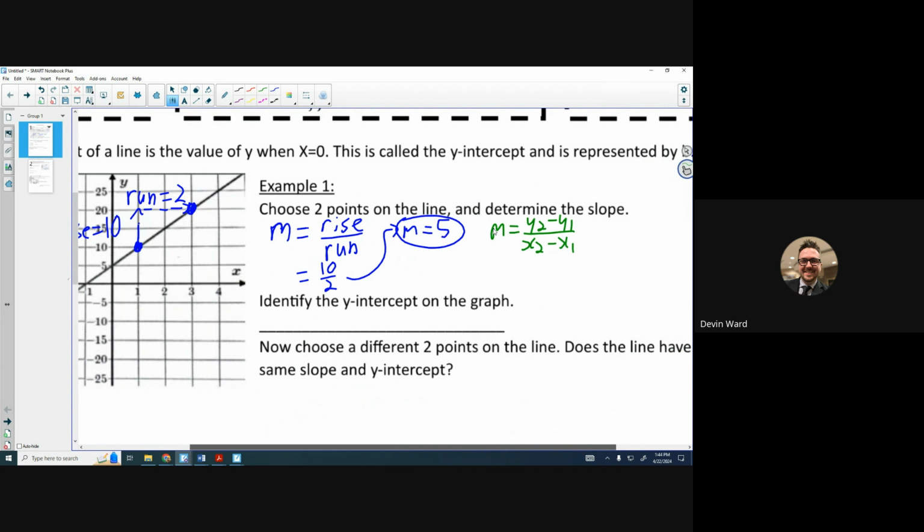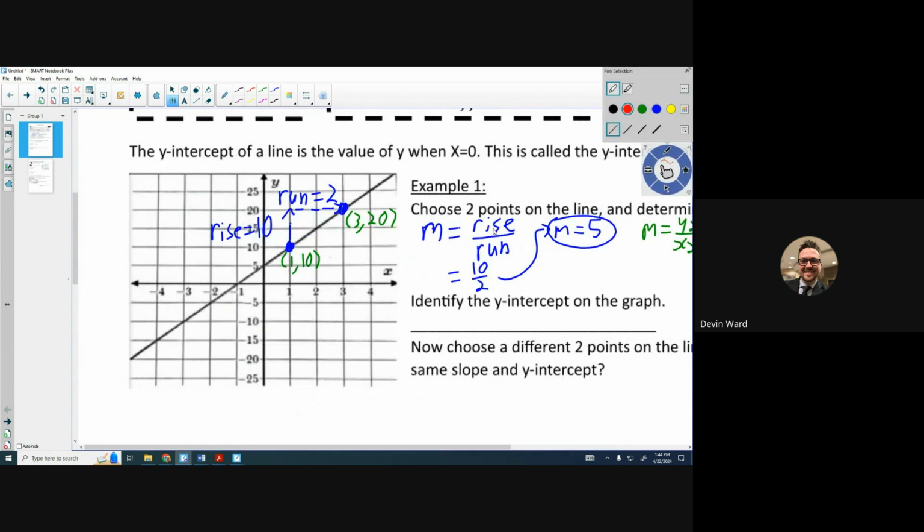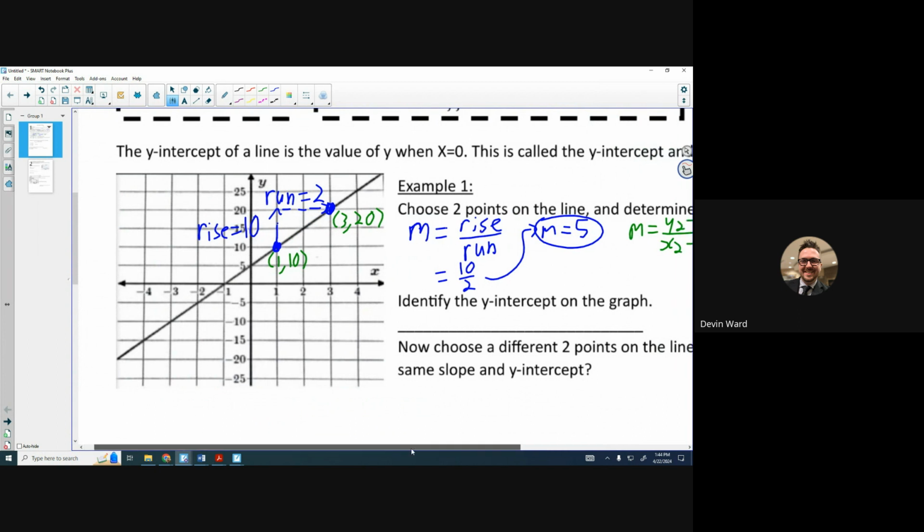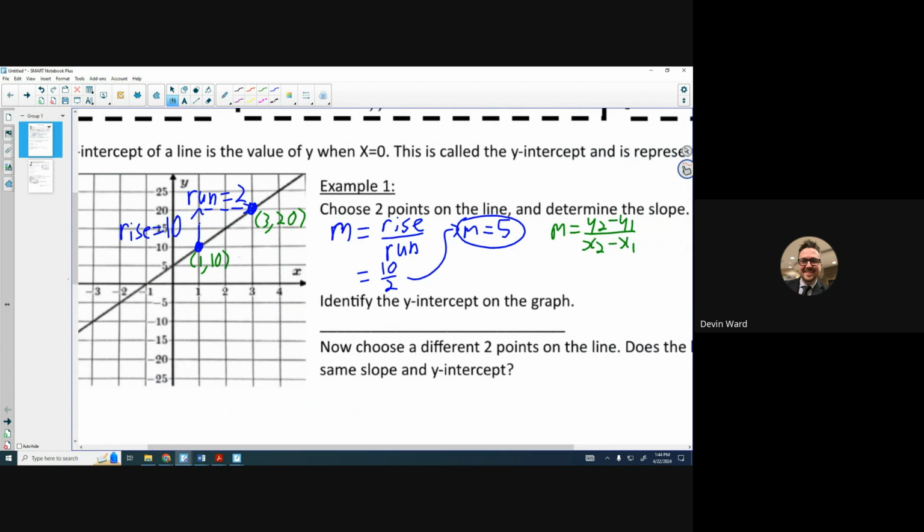Okay? I'm going to show this now because it is important, because you can do rise and run on a graph, but if you don't have a graph, you can't determine the rise and run if you have 2 points. So I said this point was 1 and 10, and this point is 3 and 20. Now, the little 2 and 1 on the x and the y, that's just a way for me to label my x's and y's, just to keep everything organized.